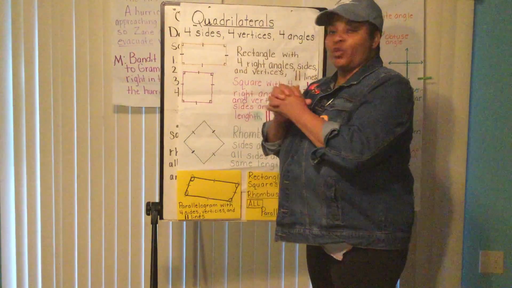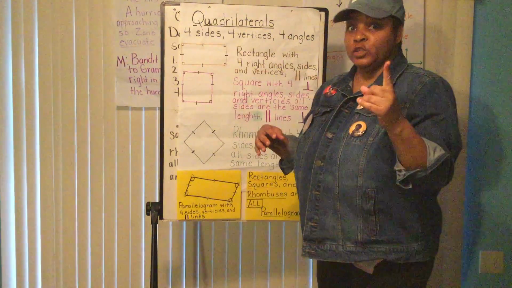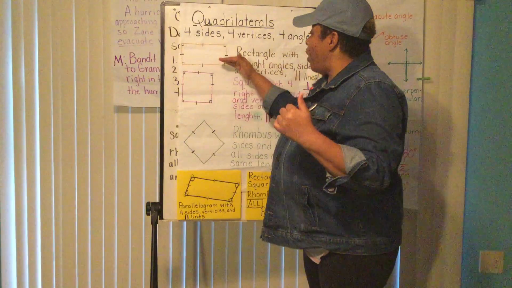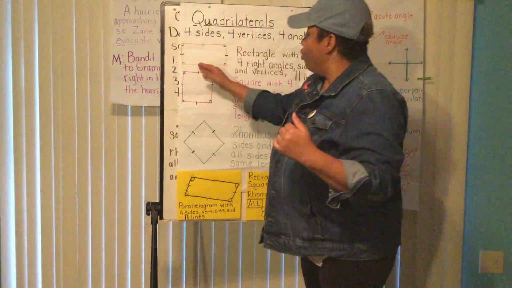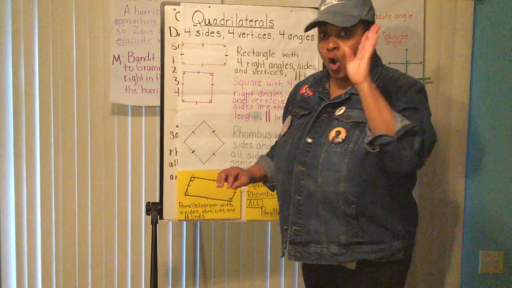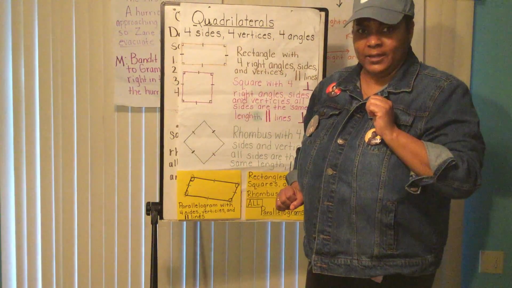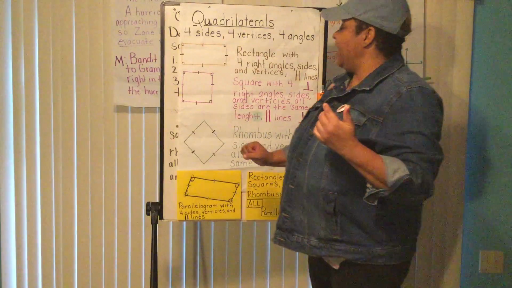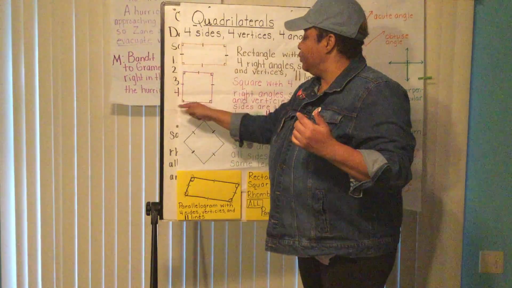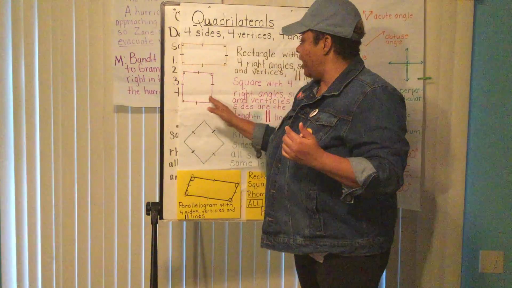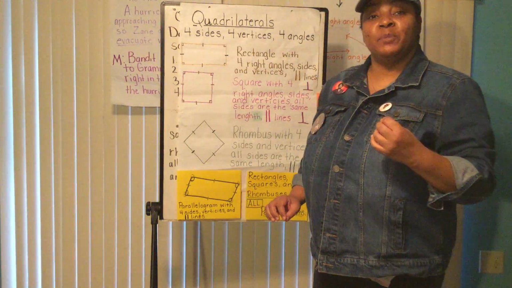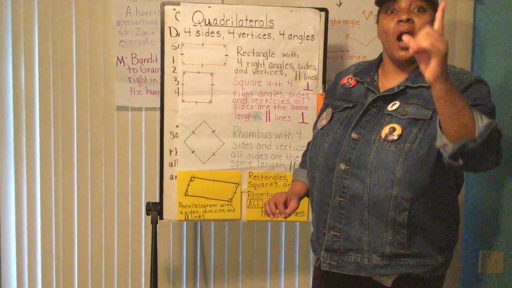Let's go on to describe the square. Well, first of all, I know that the square, all the sides are the same. 1, 2, 3, 4 equal sides, right? I know that it has 1, 2, 3, 4 vertices, and angle 1, angle 2, angle 3, angle 4. And those angles all happen to be right angles.